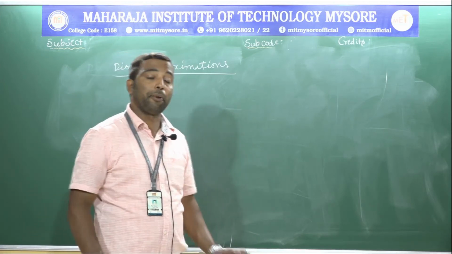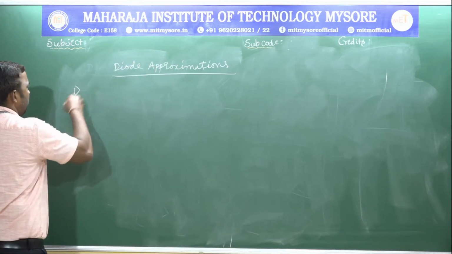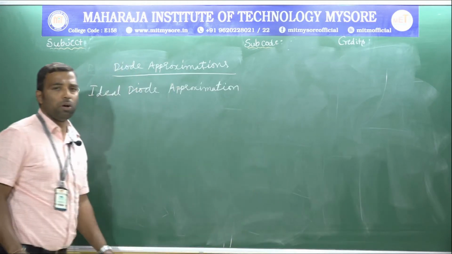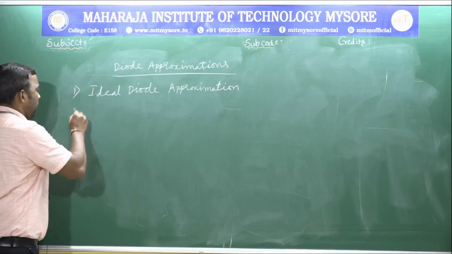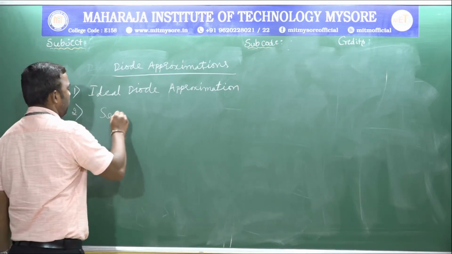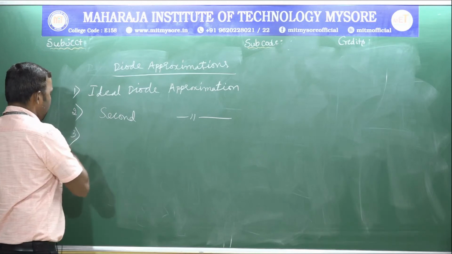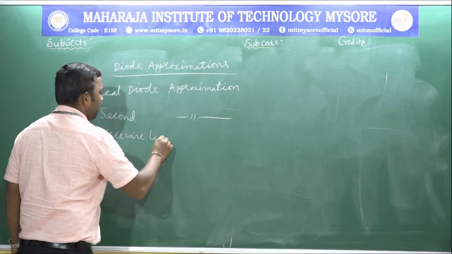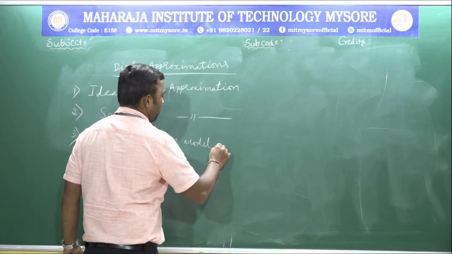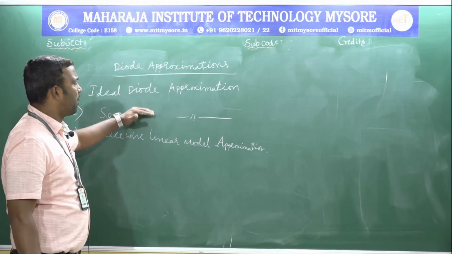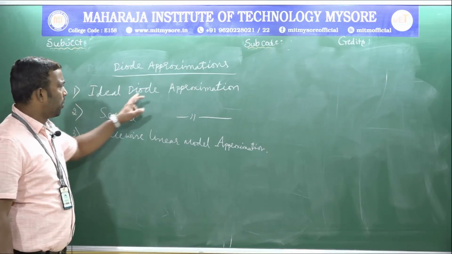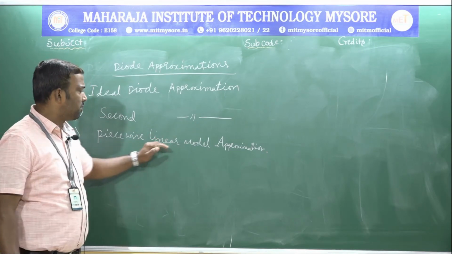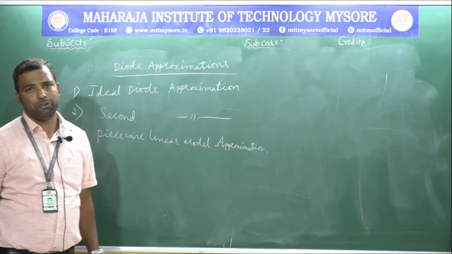The first is the ideal diode approximation, the second is the second approximation, and the third is the piecewise linear model approximation.